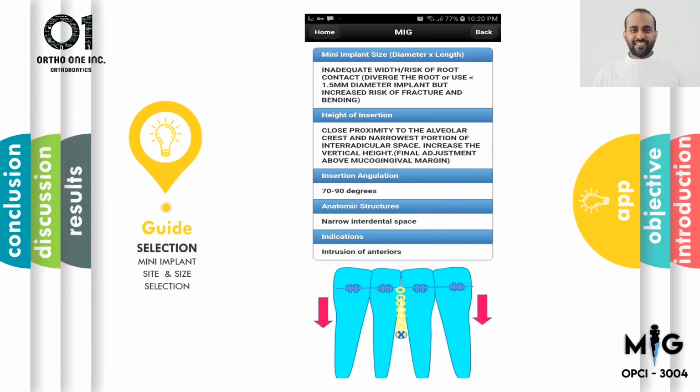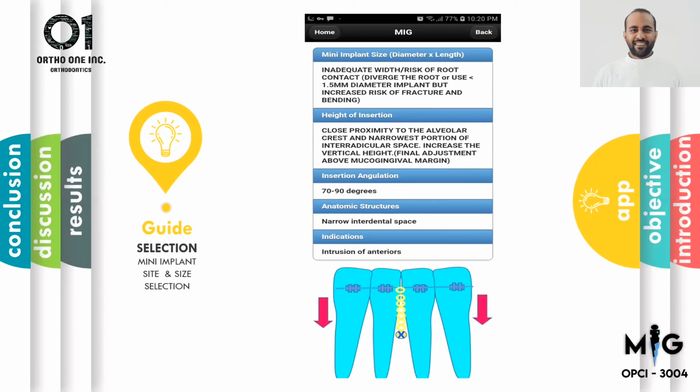Suppose the entered value is unfavorable, the app suggests that the size of the implant should be changed, and it also gives a few recommendations. For example, if the interradicular space is less, it recommends diverging the roots and also using a lesser diameter implant.